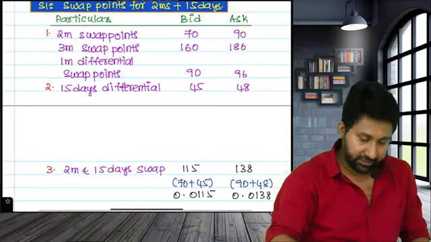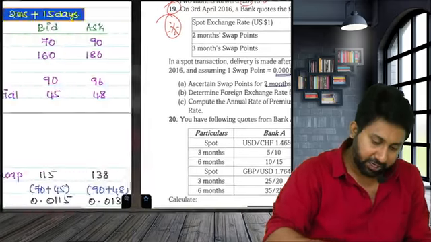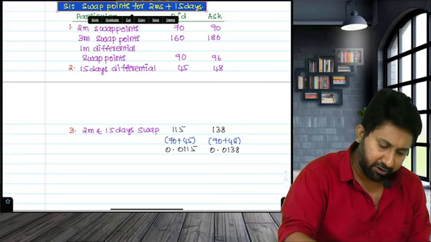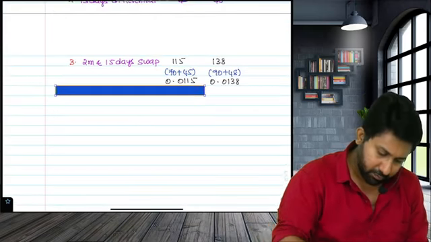Second one, what he is asking: determine the foreign exchange rate. This is easy. We just need to calculate the forward rate. Okay, calculation of forward rate.